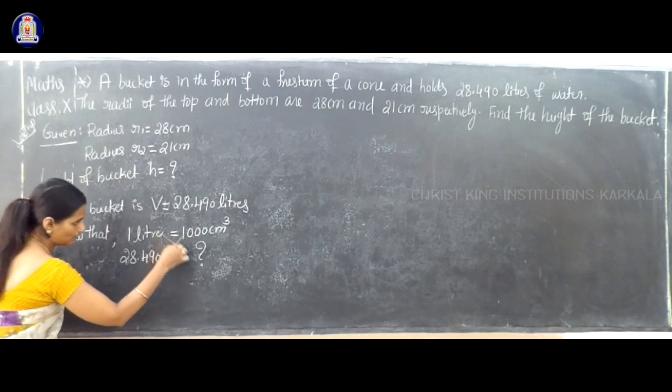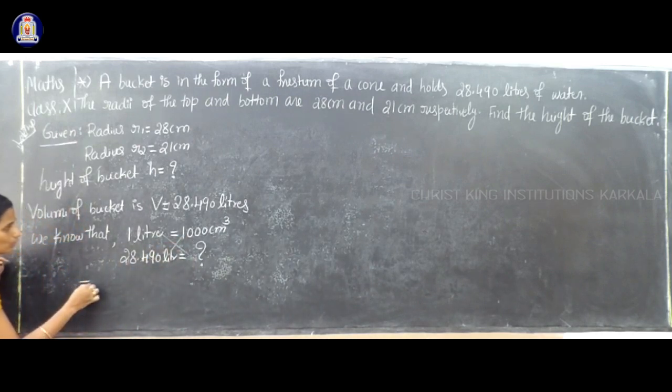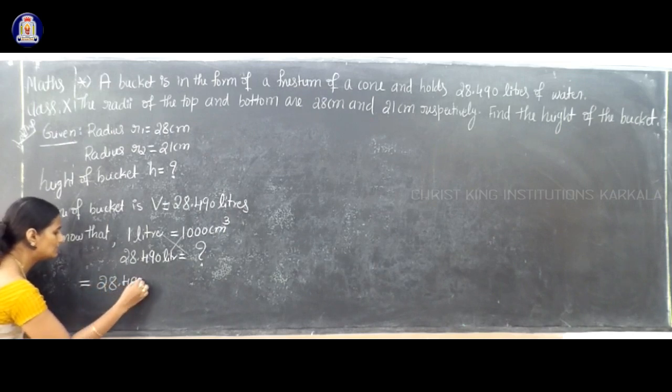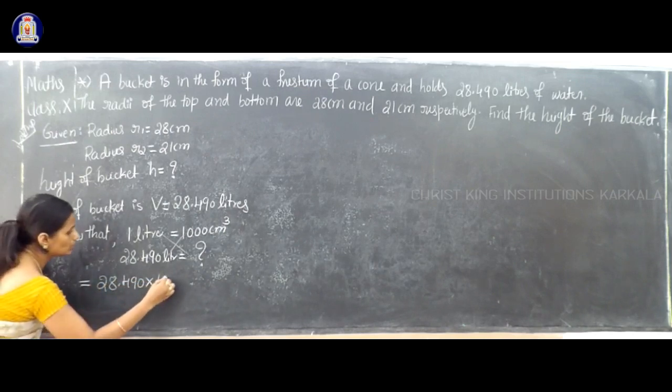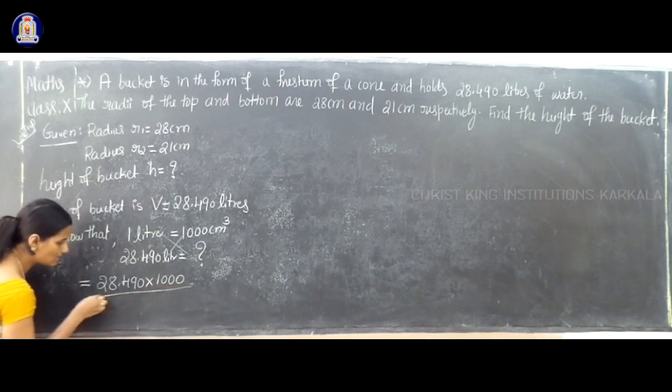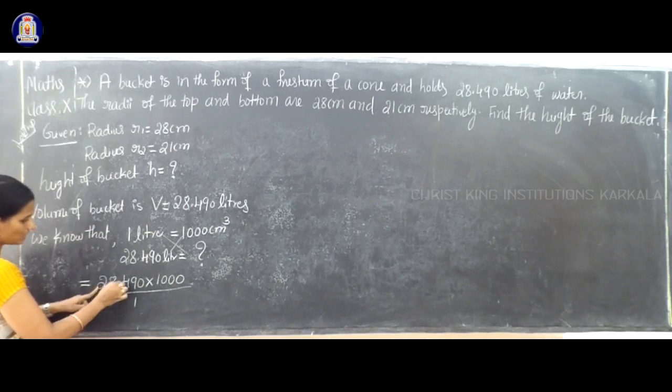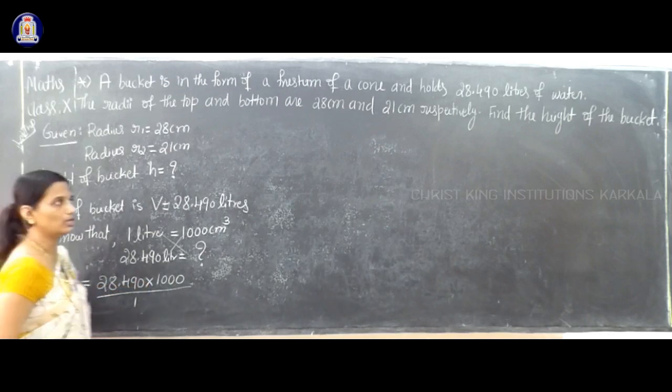So cross multiplication. That is equal to 28.490 into 1000 divided by 1 liter. Correct? So what is the answer? 28.490 into 1000.